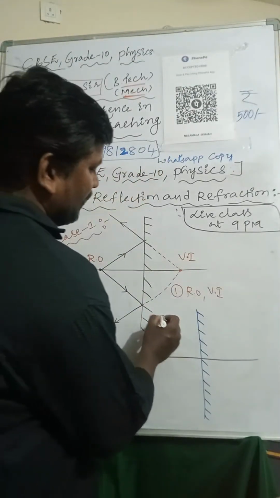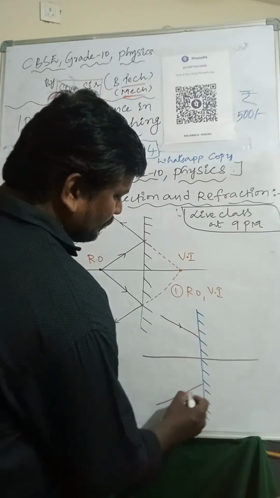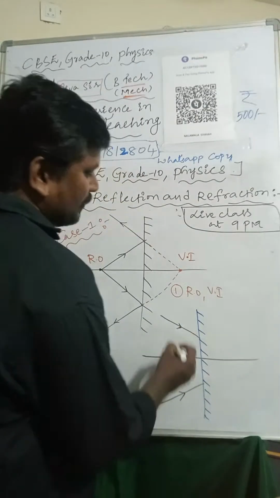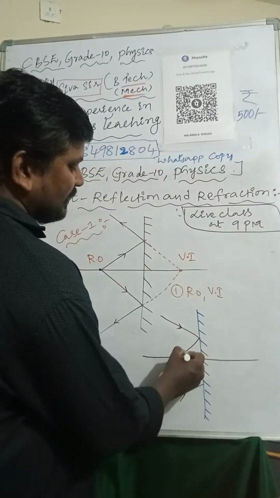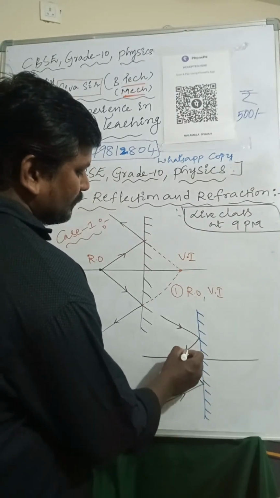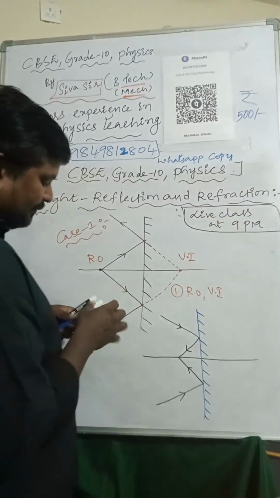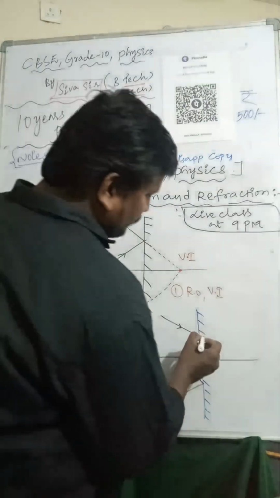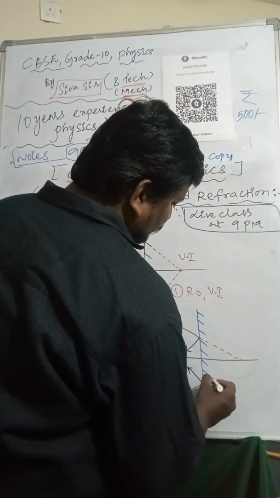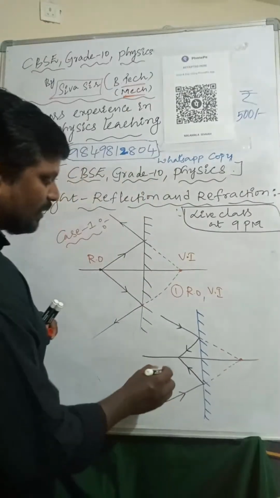Light rays are coming like this, and here the reflected light rays directly meet here. If you extend these light rays, you get a real image.